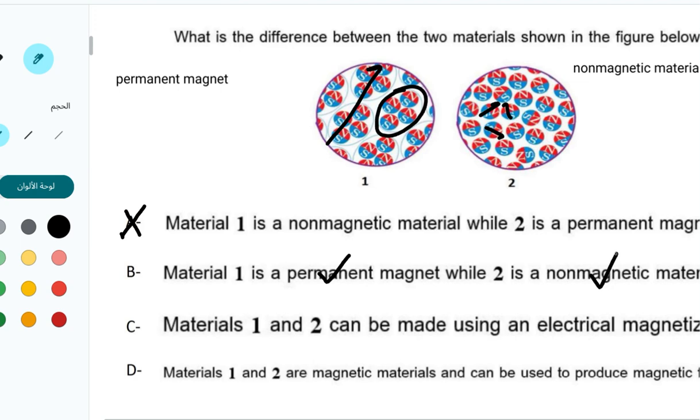So we're going to hold off before choosing and look at the other choices. Material 1 and 2 can be made using an electrical magnetizer. No, because a non-magnetic material could never be a magnet. Material 1 and 2 are magnetic materials. No, 2 is not a magnetic material. So that leaves B as the only correct choice.